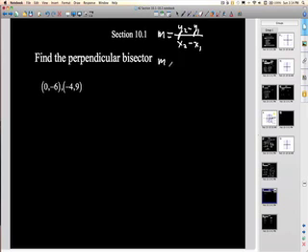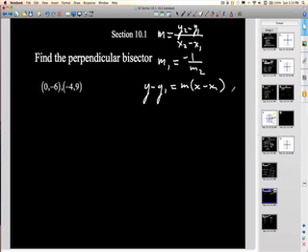We know that the slopes of perpendicular lines are negative reciprocals of each other, and we know that y minus y1 is equal to m times x minus x1 if we want to write the equation of a line given the slope and a point. Okay, so if we're looking for the perpendicular bisector, that's a line that is perpendicular. If I have my line segment here, a perpendicular bisector would pass through the midpoint at a right angle.